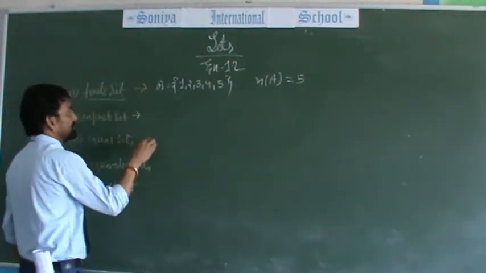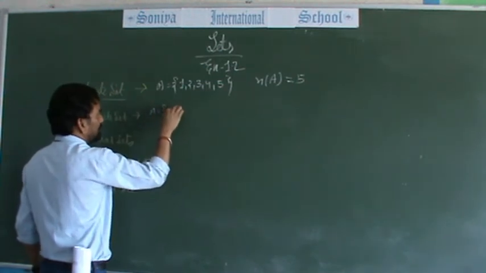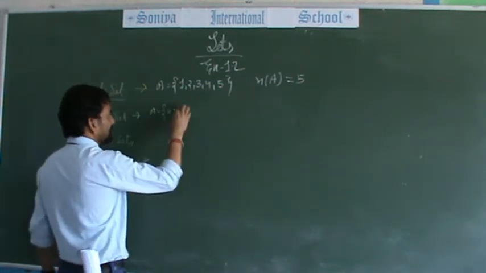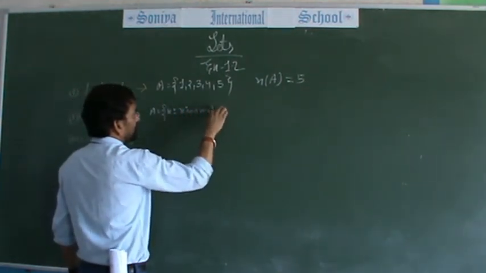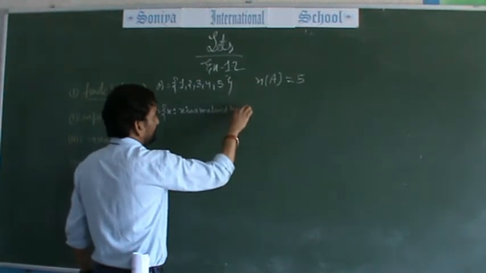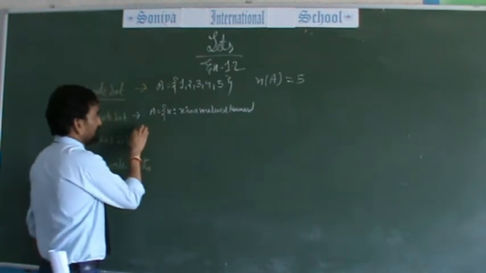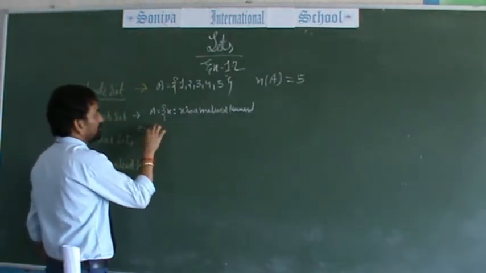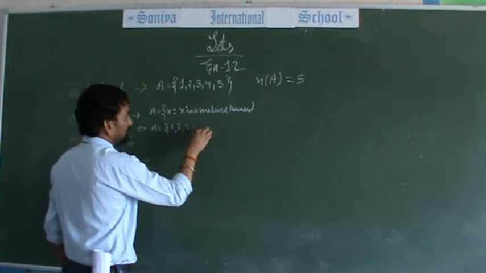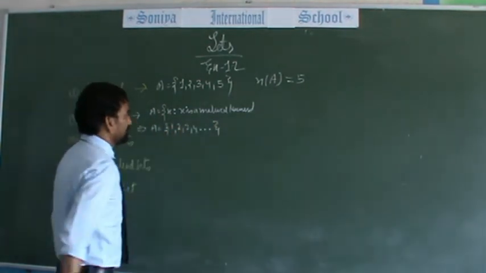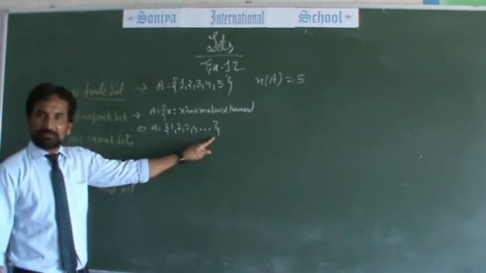What are infinite sets? B is a set and the element of the set is x such that x is a natural number. We all know that natural numbers means 1, 2, 3, 4, but where it ends we don't say, and this is represented by only 3 dots.